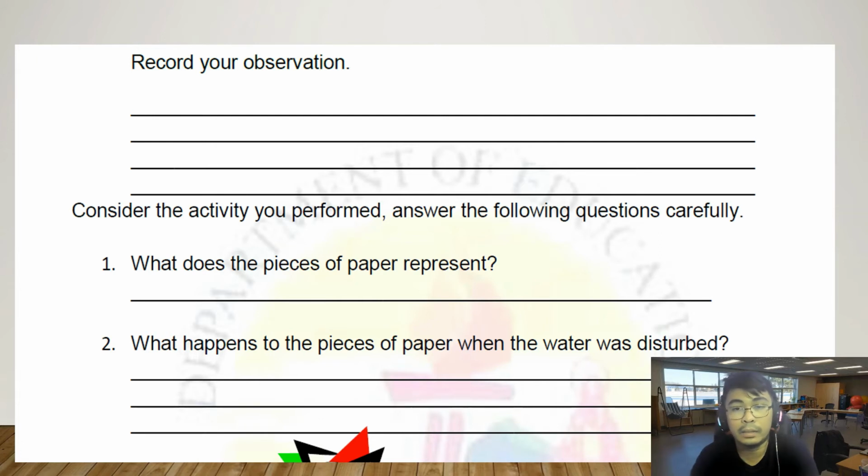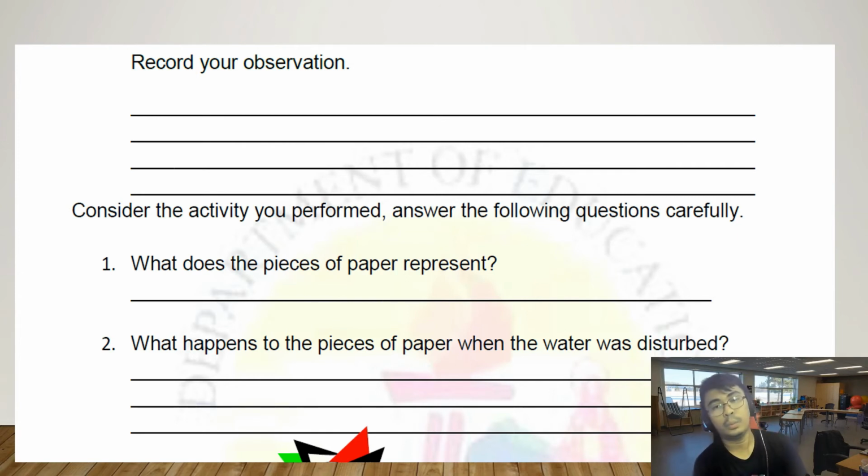Okay, so that's a very simple experiment or activity, right? In that demonstration, the woman did not use pieces of paper. She used aluminum foil just to demonstrate the plate movements. So the aluminum foil there represents the plates, but in your activity, as I have said, you will be using pieces of paper.